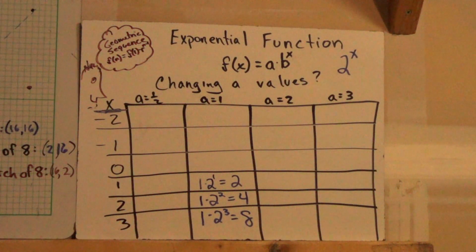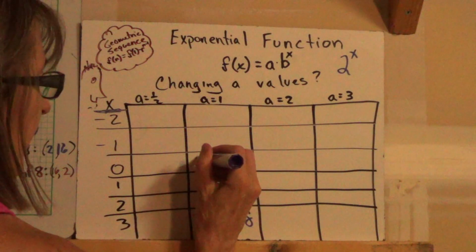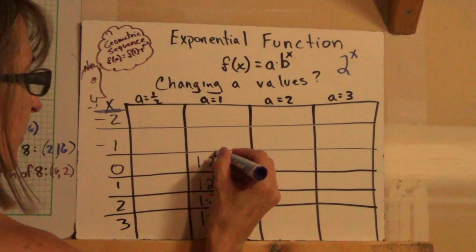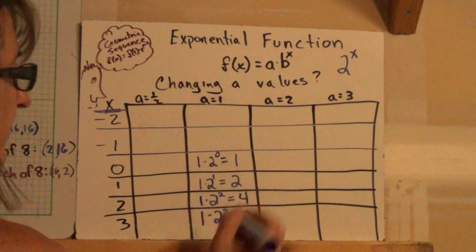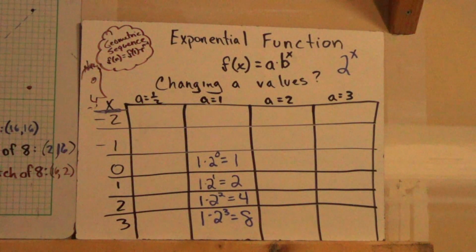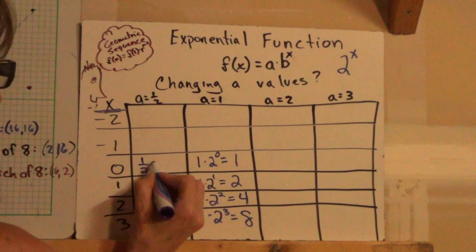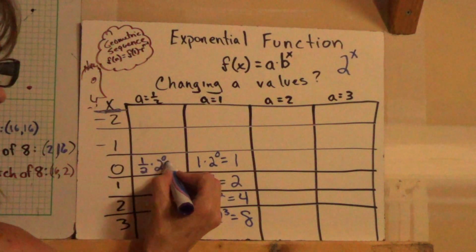Now, because anything to the 0th power is 1, your 0 value is always equal to your a value. Since we see our a value here, 1/2 times 2 to the 0th.